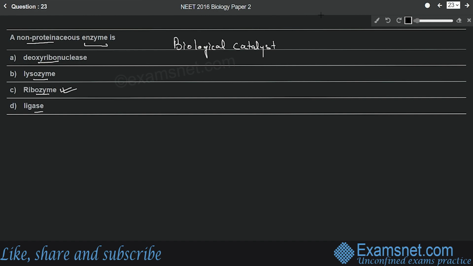It is basically an RNA molecule, and more specifically 23S rRNA. And it acts as a catalyst during protein synthesis. Okay, therefore option C is the correct answer.